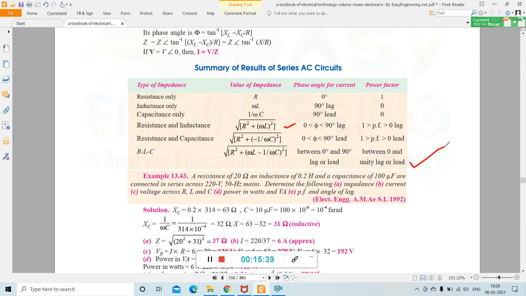So these are the important formulas used for only resistance, only inductance, only capacitance, then RL, RC, RLC series circuits. So this is all about AC through RL, RC, RLC series circuits. In the next class we will solve some problems regarding this. Okay, thank you.